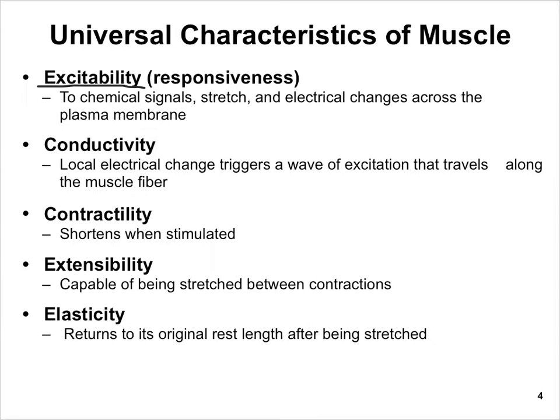And in this case, muscle cells can respond to chemical signals. Some muscle cells respond to stretch, and they can respond to electrical changes. So you put the right neurotransmitter in, the muscle contracts. Some muscles actually automatically contract when they are stretched. Your smooth muscle in your intestines, this is a good example of this.